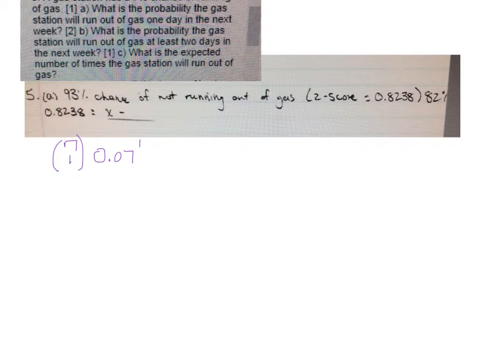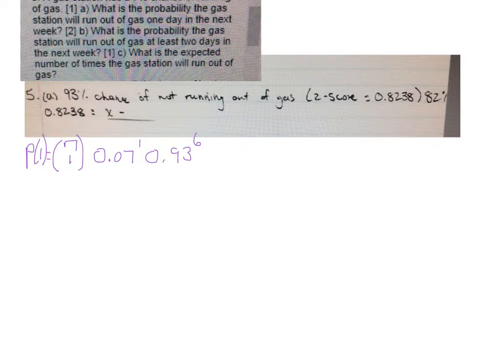We want that to happen once, and then the Q value is going to be 0.93, and we want that to happen on the other 6 days. So that's the probability of exactly one day out of 7 for it to run out of gas, okay?